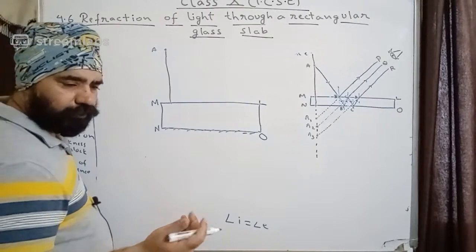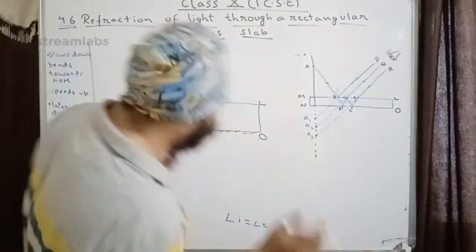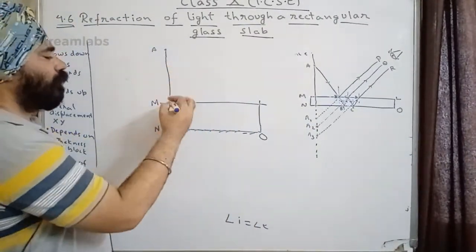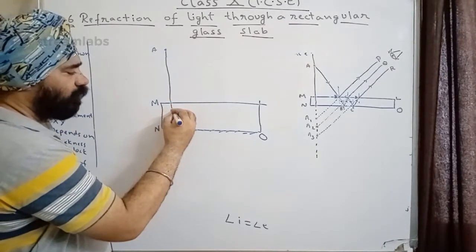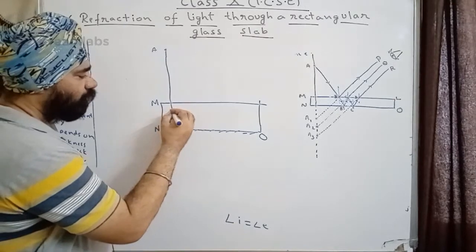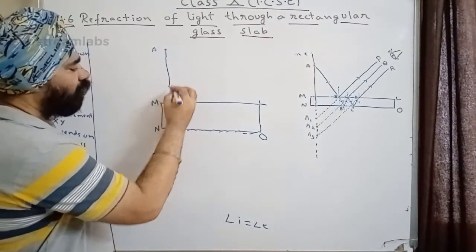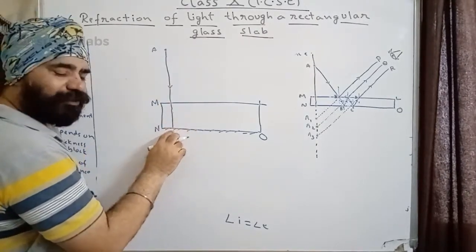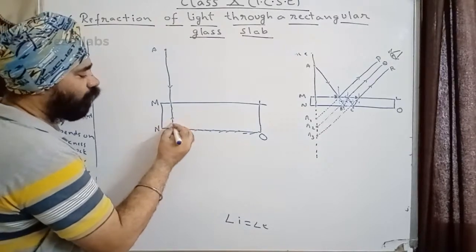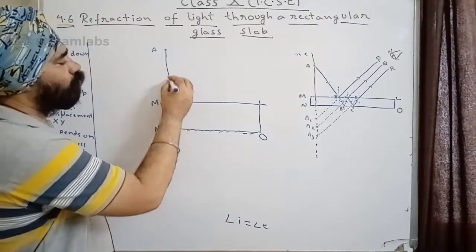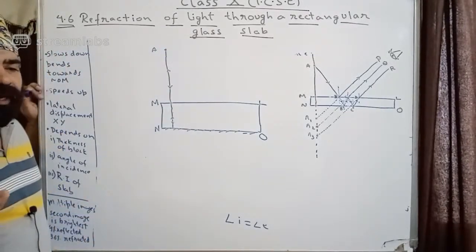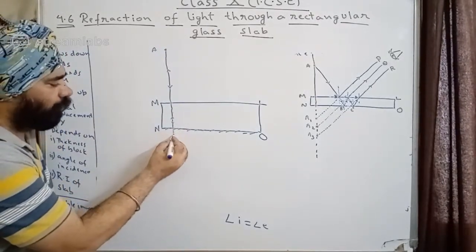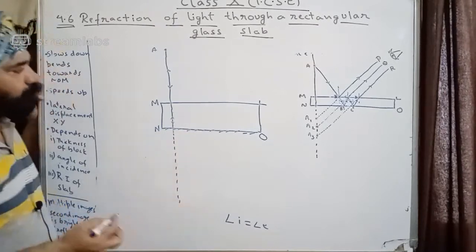So it will suffer no refraction and it goes straight. It is incident at 0 degree, so it gets reflected also at 0 degree, so it again goes back. So the first ray starting from A goes back as such. Okay, so I extend it forward like this.